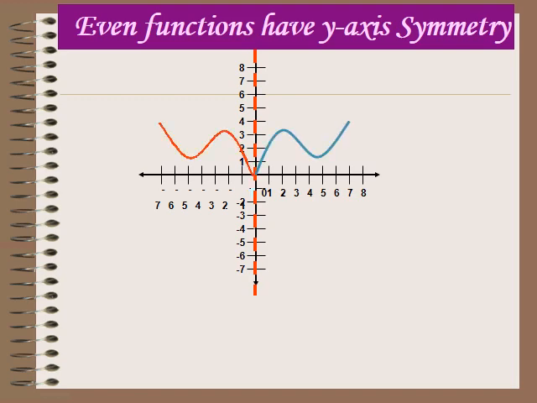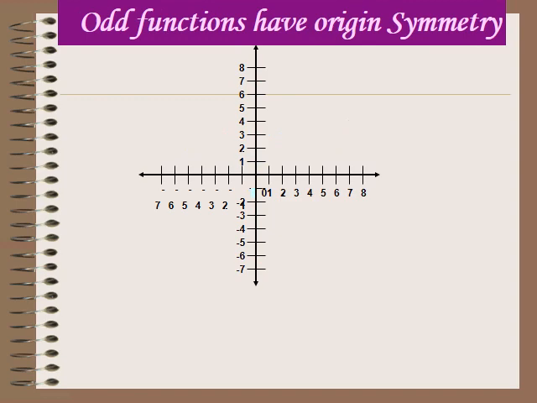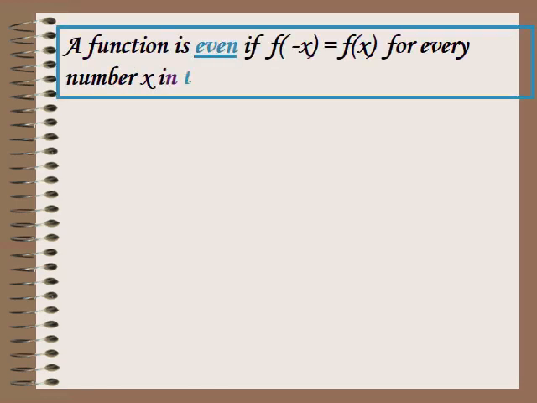An odd function has the origin as a symmetry. A function is even if f of minus x is equal to f of x for every number x in the domain.